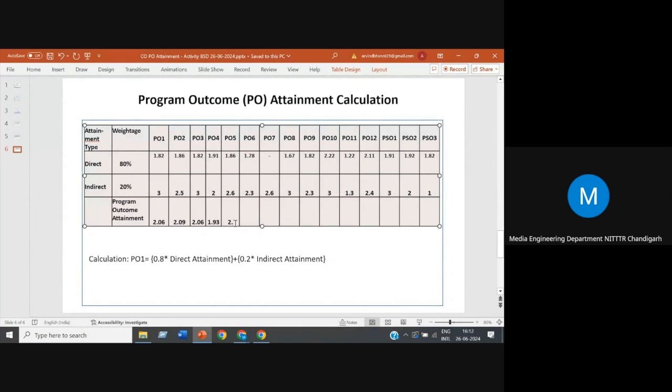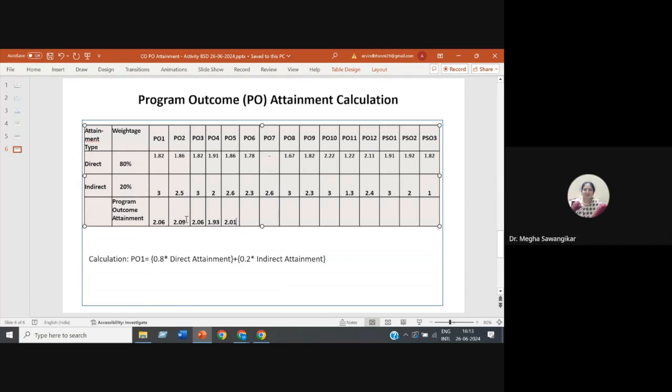Then PO2 you should check again. Yes. 2.008 for PO5, that means 2.01 we can write.